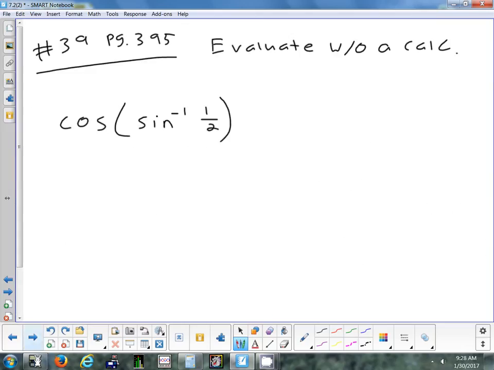Any questions, or does anyone need me to go through any part of the setup for this one? It's exactly like the last one, except this is going to be opposite and that is going to be hypotenuse. How do I know that? Sine. After you go through all the steps, that's what's going to happen.